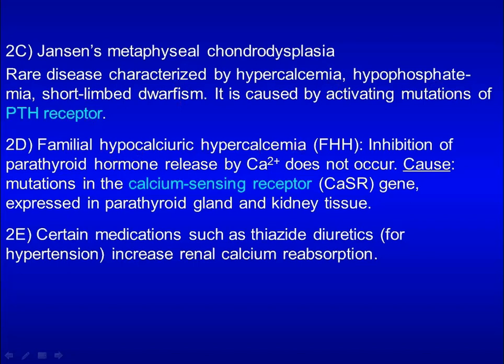In this condition, inhibition of parathyroid hormone release by calcium does not occur. It is caused by mutations in the calcium sensing receptor. Fifth condition is caused by certain medications such as thiazide diuretics. These drugs increase renal calcium reabsorption.